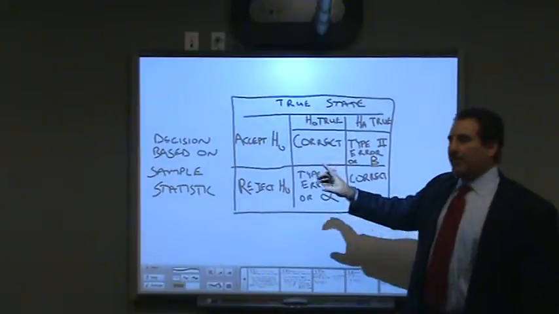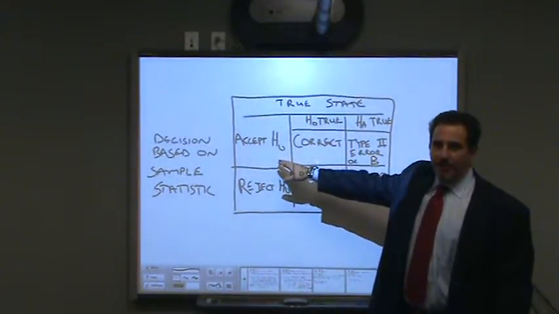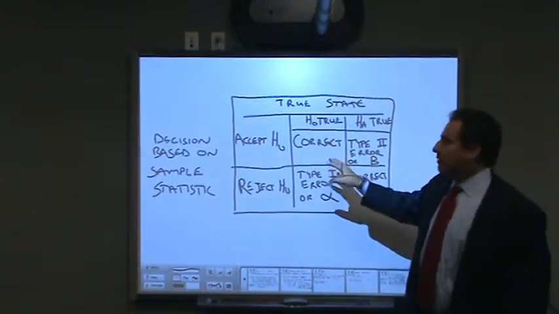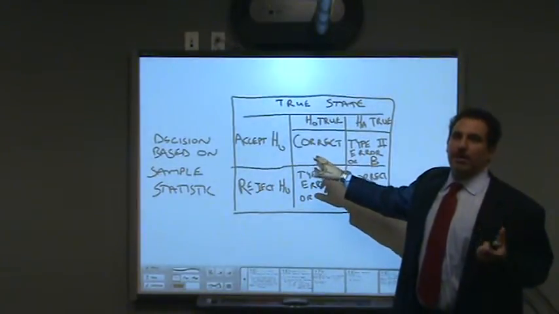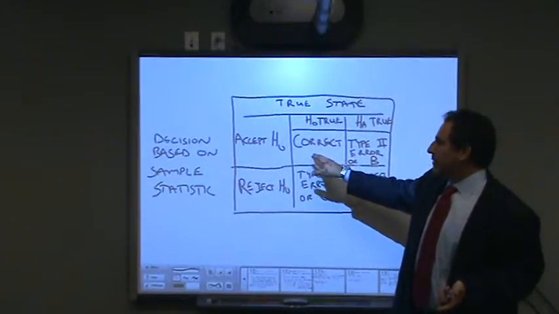The first one that I want to talk about is when the null hypothesis is what you decide to accept, and it turns out that the null hypothesis is true. And so you correctly say there's no difference between sex offenders and the regular population in terms of IQ.